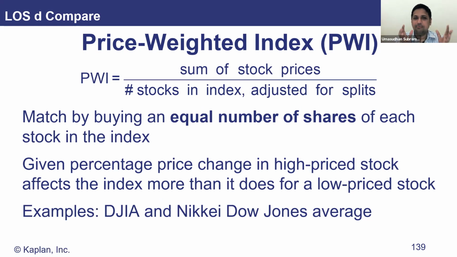Now in a price weighted index, out of these two stocks, Apple and Zoom, which one do you think is going to have a higher weightage? Zoom is going to have a higher weightage because you're not weighing the stocks by market capitalization. You're just going to look at the share price.